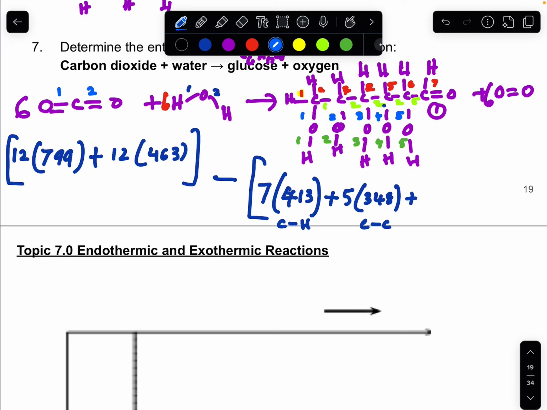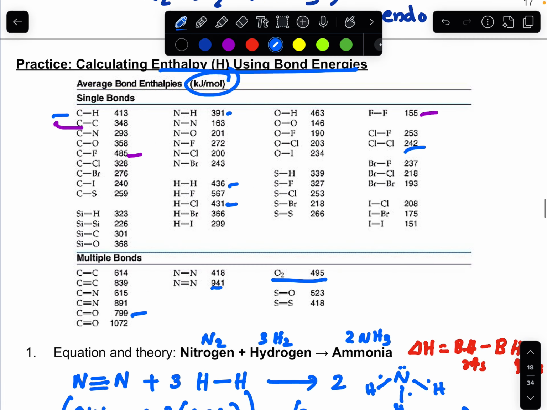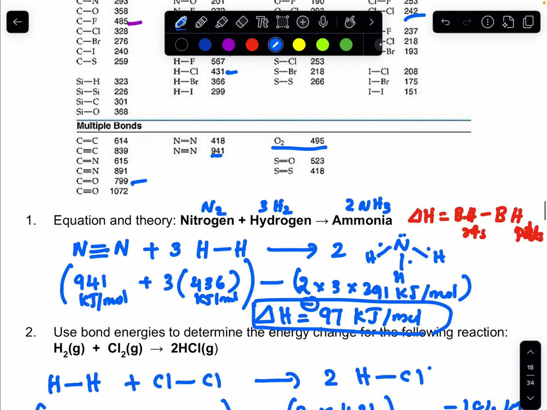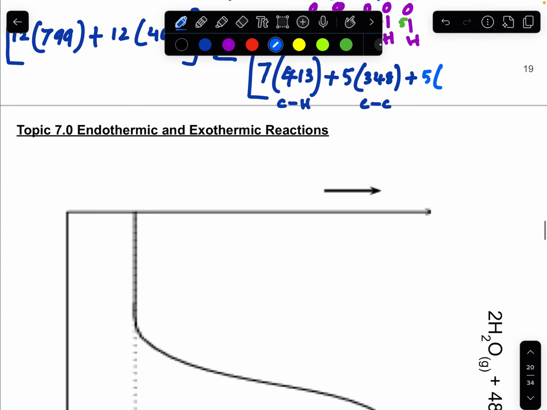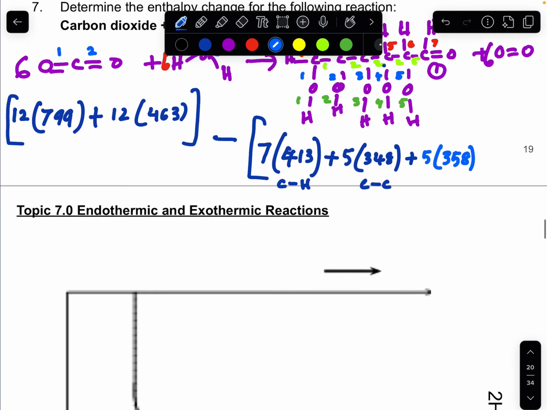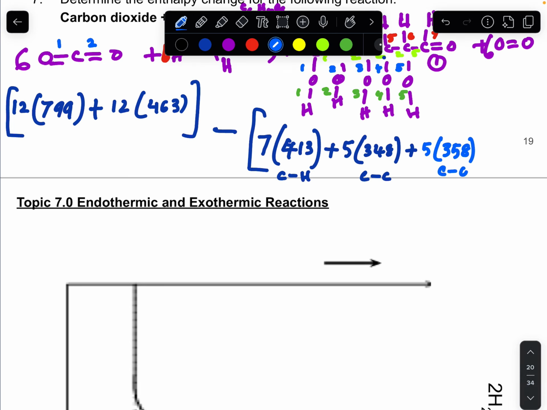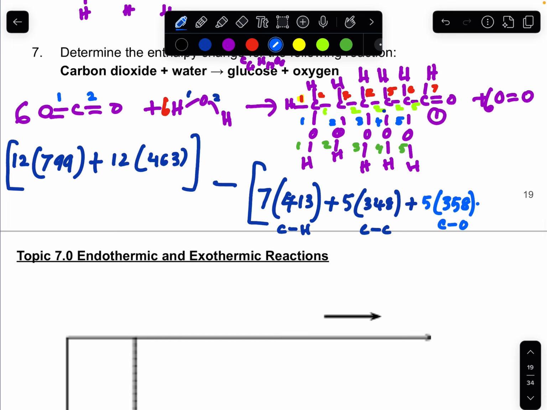CO bond. There is 5 CO bonds, right? So 5 times CO, the CO single bond is 358. That is CO. Okay, plus then OH bonds.